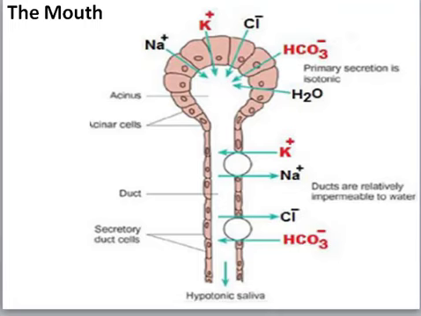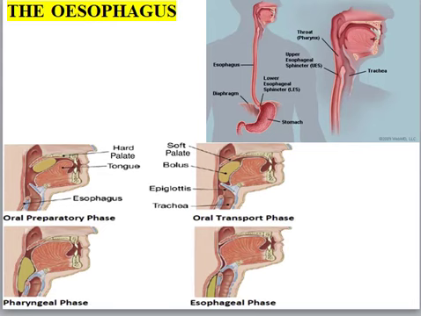While in the stimulated case, the duct has no time for more processing, so the saliva is high volume, less hypotonic, becomes alkaline, the pH will increase, and it contains many enzymes that cannot be absorbed by the duct.